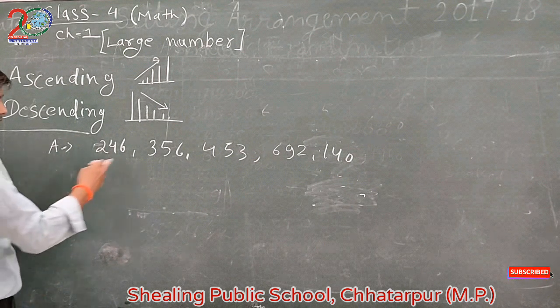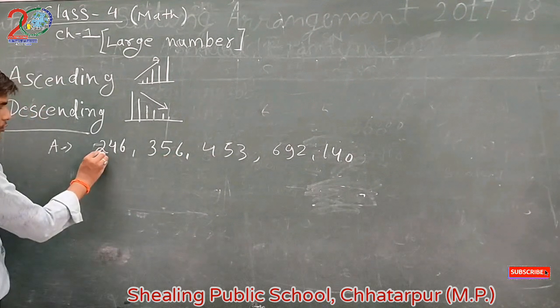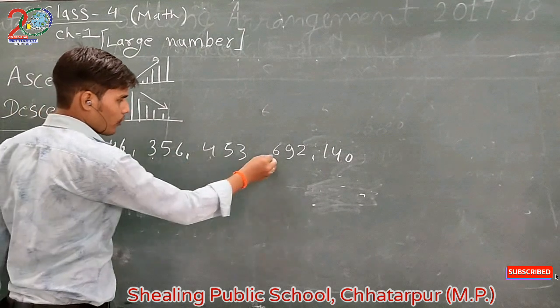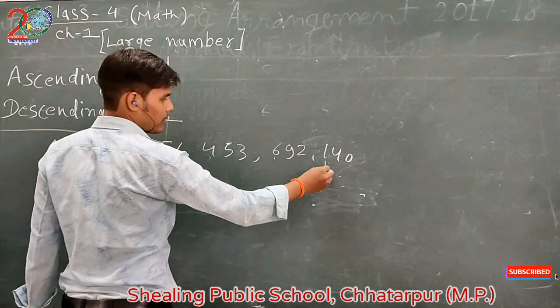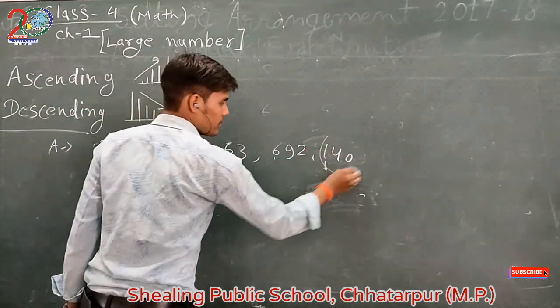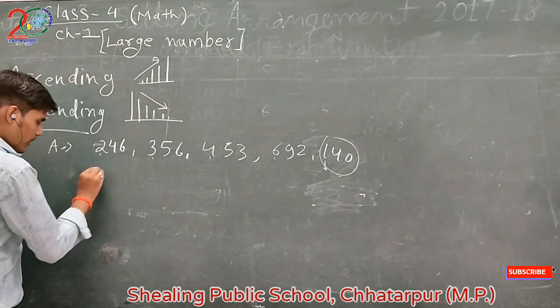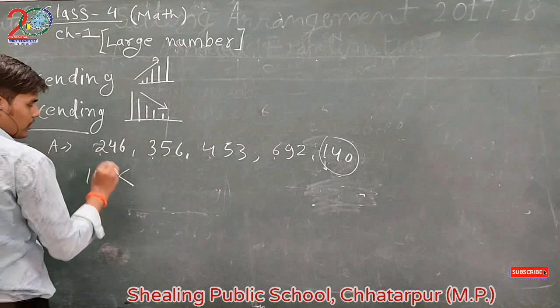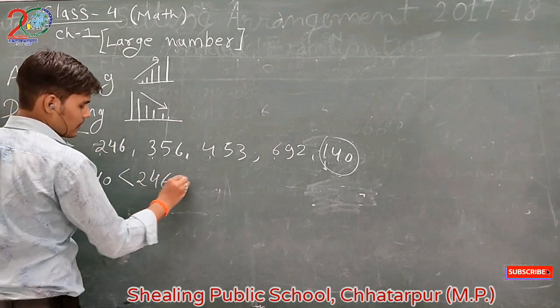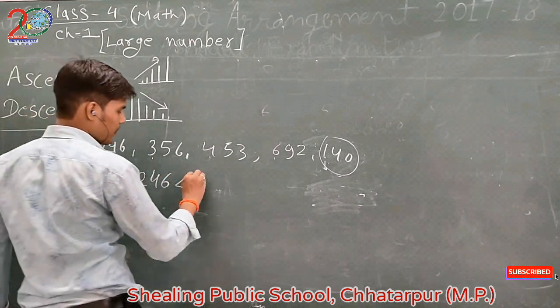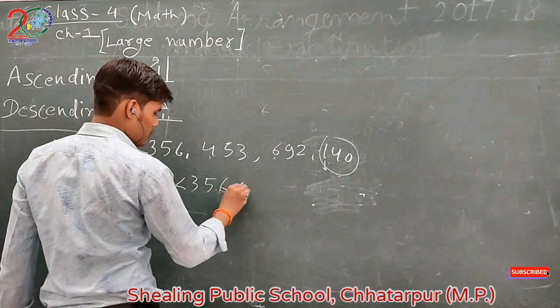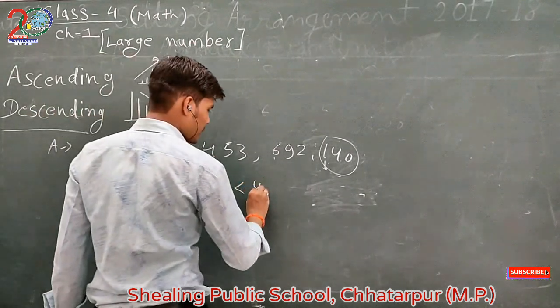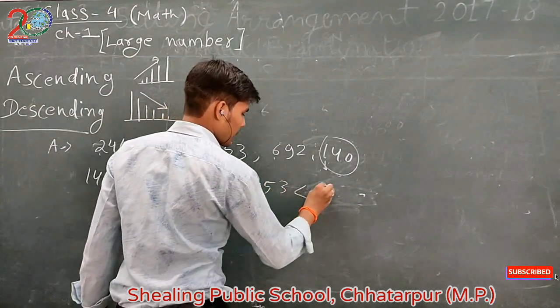There is 246, 356, 140, 692. So which is smallest? So what we take? 140. After that 246. After that 356. Then 456. Then last one is 692.